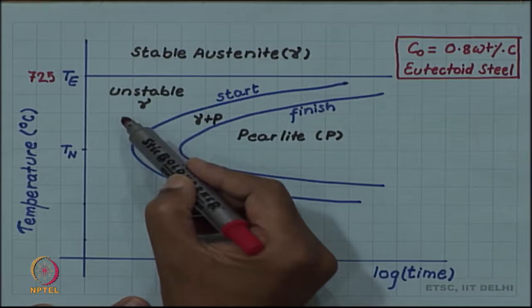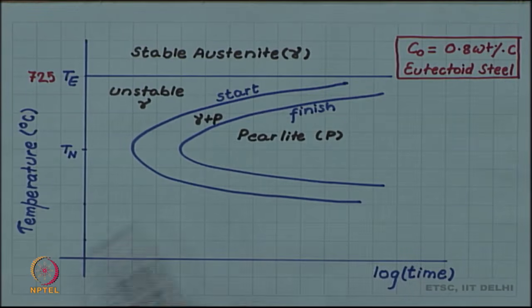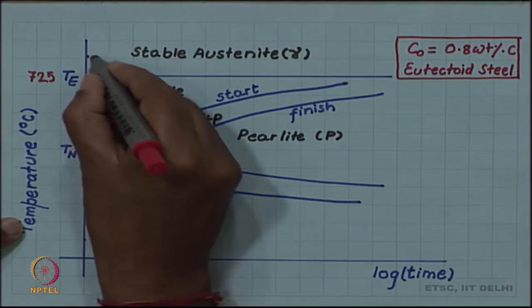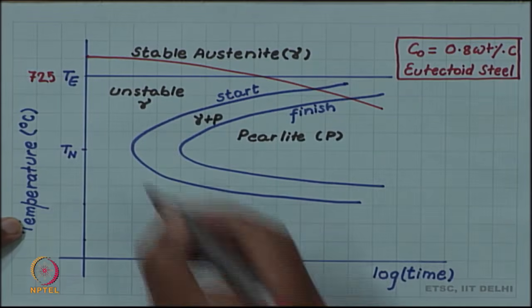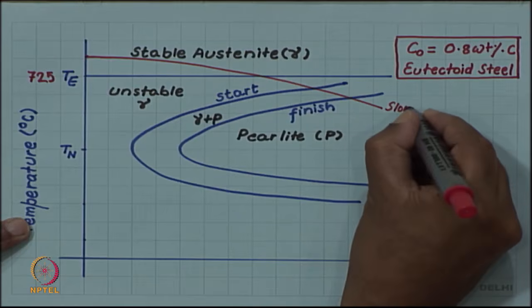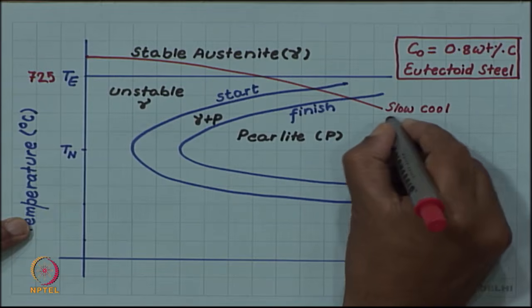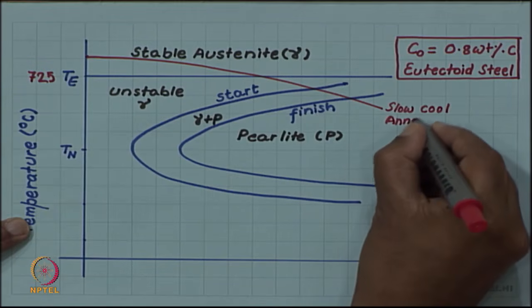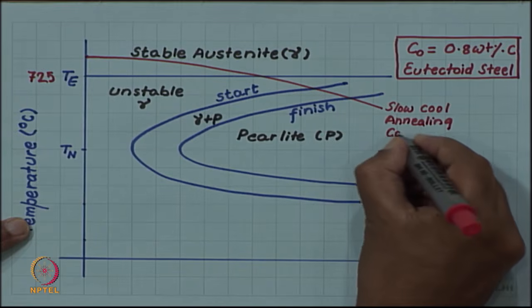As soon as we cool it below that, austenite will become unstable and will start transforming. We saw two curves in the last video. One was for slow cooling, which was annealing, so this we call annealing, and this produced coarse perlite.